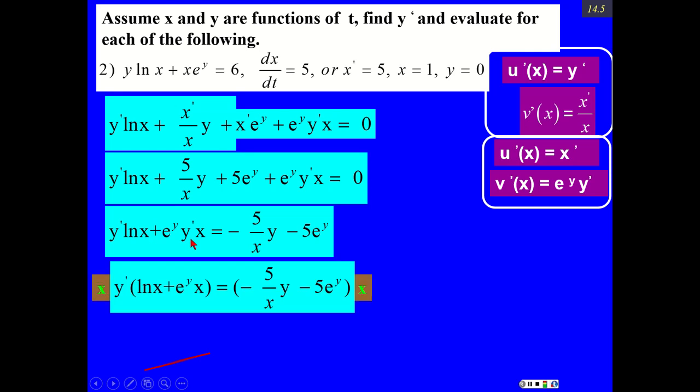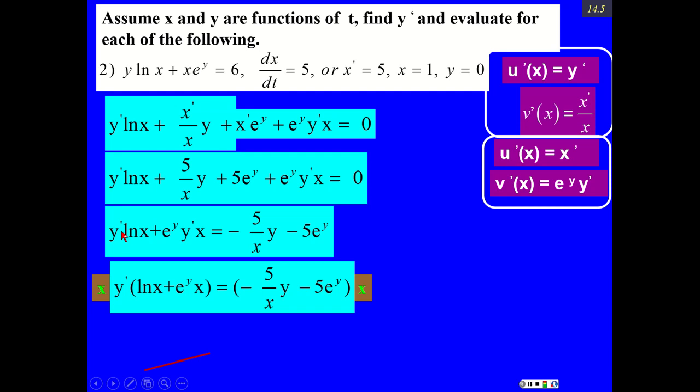Your choice. You can work with it as is. You will have a complex fraction, and get rid of the complex fraction, or right here, get rid of this denominator. That means my LCD for the entire problem is this x. Then I will multiply the x to both sides of the equation, of course.